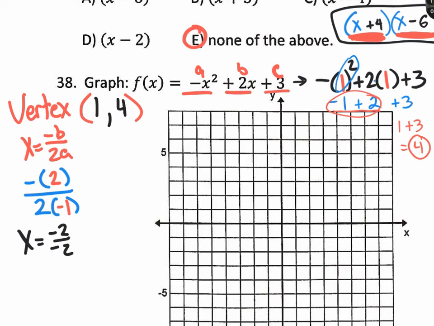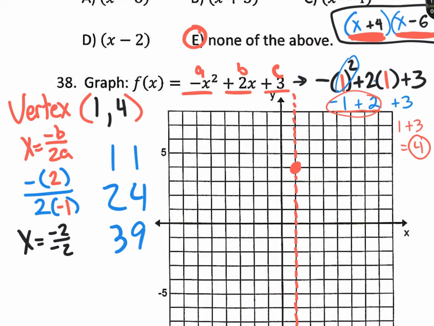Let's go to the coordinate 1 and 1, 2, 3, 4, put a dot right there. That's our vertex. Now we are going to draw an axis of symmetry right through that vertex value. And the a value is what? The a value is -1, which means we can use the pattern 1, 1, 2, 4, 3, 9 without having to modify it.